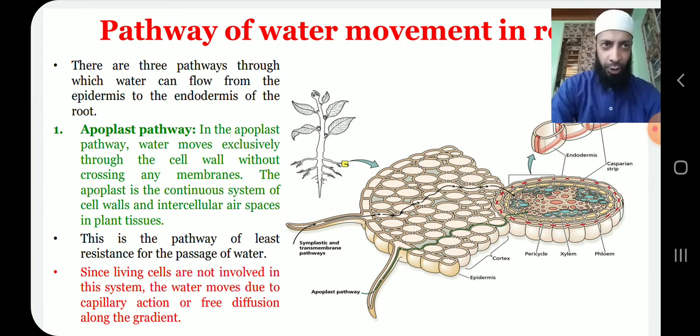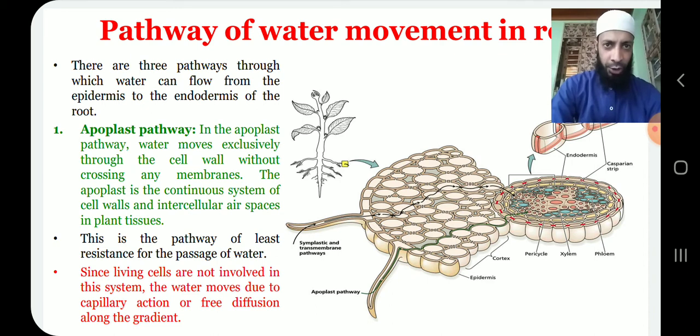That means water moves from cell to cell through cell walls without crossing any membrane, that's plasma membrane. And the apoplast is the continuous system of cell walls and intercellular spaces, that is the space between the cells is called intercellular space, that is filled with air.